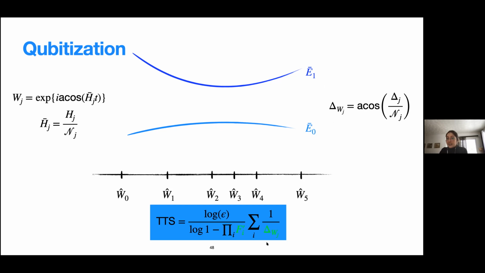So the precision that we will need for our energy measurement will now be 1 over the arccos of the initial normalized gap. That will correspond to a decrease in the cost, but we have to be careful because now the probability of measuring depends on the eigenstate of your W operator and not on H anymore.